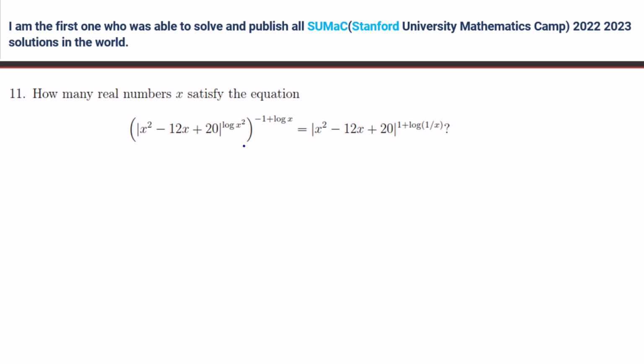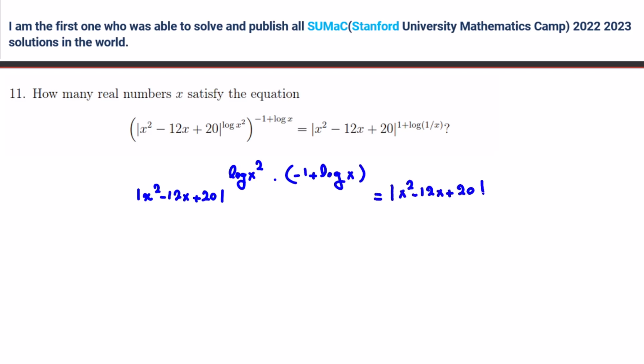As you can see, do you agree we can say it is |x squared minus 12x plus 20| to the power of log x squared times -1 plus log x, right? Equals |x squared minus 12x plus 20| to the power of 1 plus log 1 over x, or we can say 1 minus log x, right?